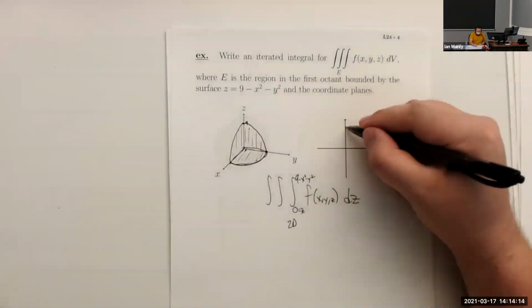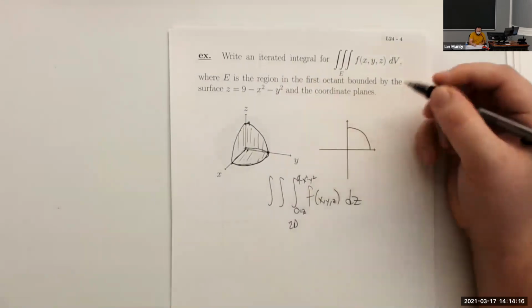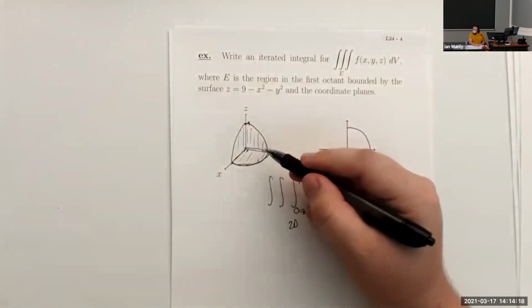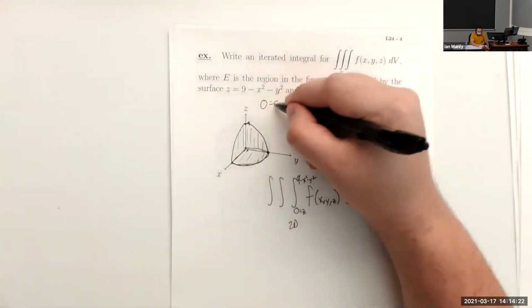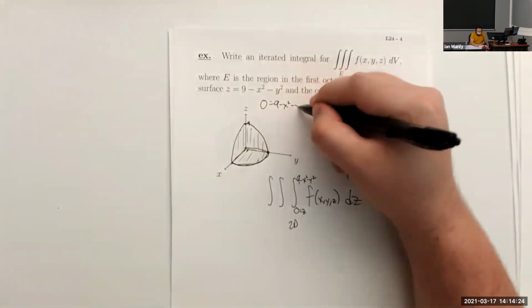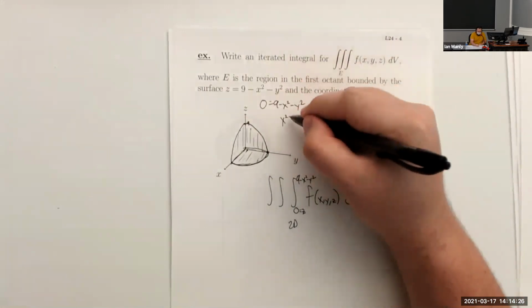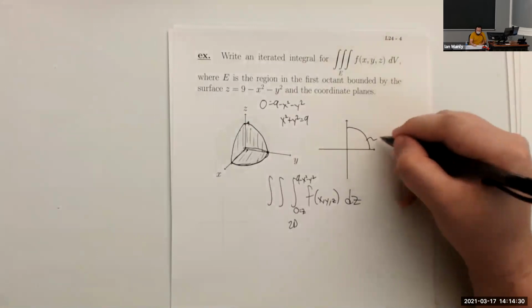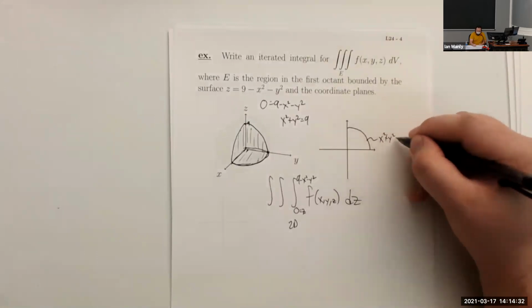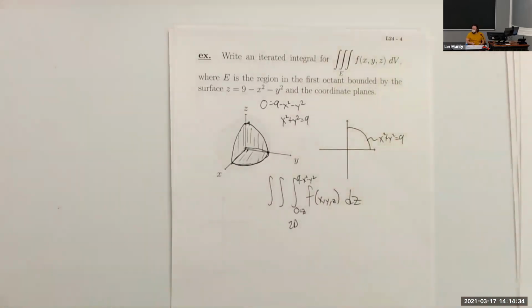So what is this? Well, if we crush that down with z equals 0, we have 0 is 9 minus x squared minus y squared, or in other words, x squared plus y squared is equal to 9. So this is going to be a circle of radius 3 right here.